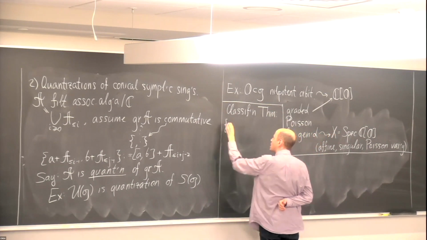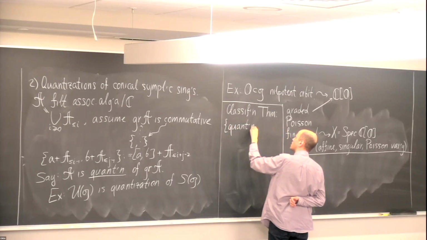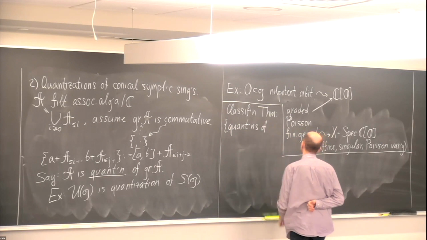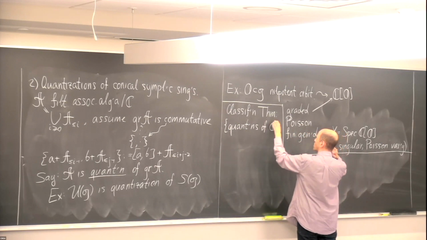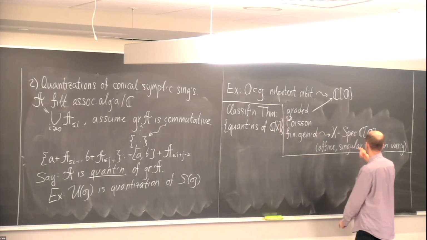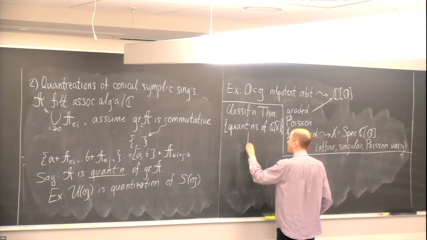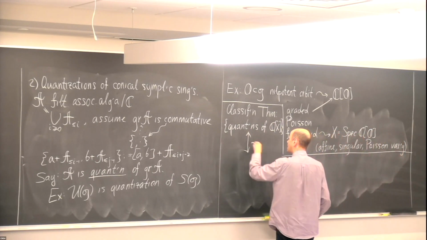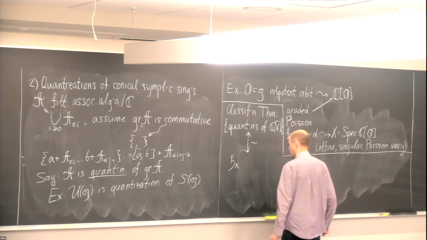There is a bijection between quantizations of the algebra of functions on X, which in my example is the same as the algebra of functions on O, and points of a finite dimensional vector space, which I will call H sub X.